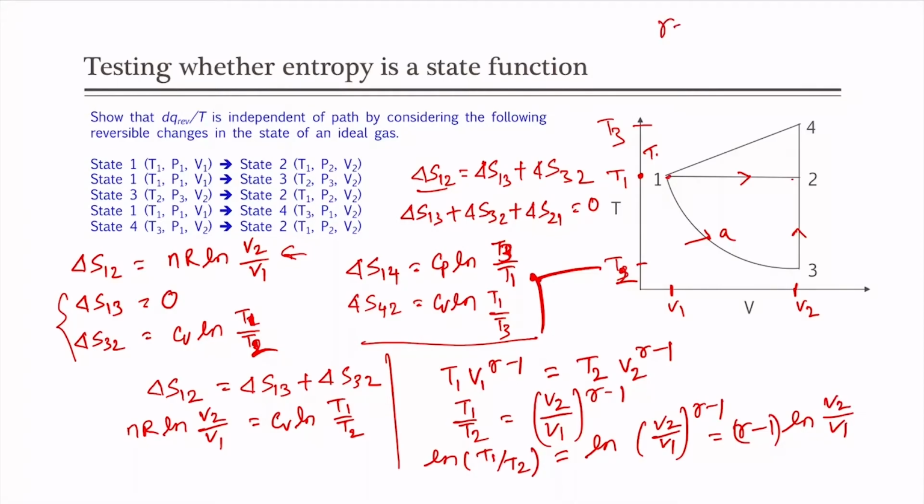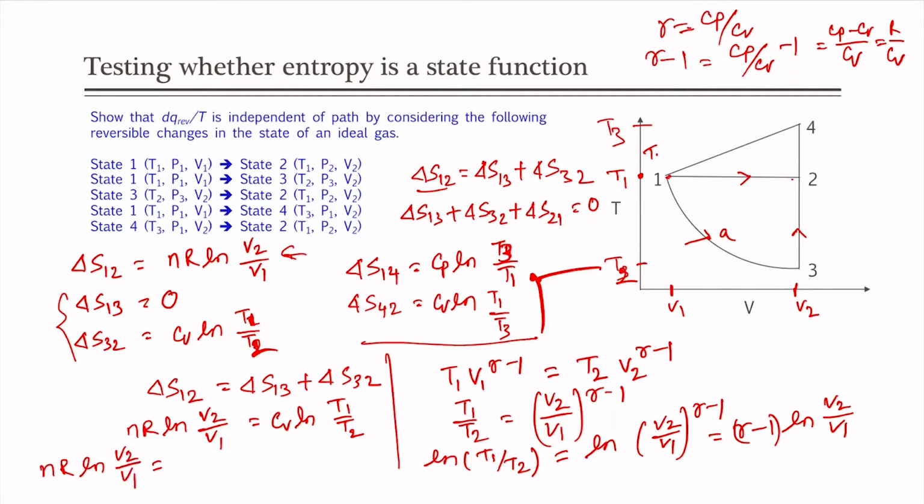Gamma is Cp by Cv, so gamma minus 1 is Cp by Cv minus 1, which is Cp minus Cv by Cv, which is R by Cv. So, if I multiply by Cv on the left hand side, I have to multiply by Cv on the right hand side.